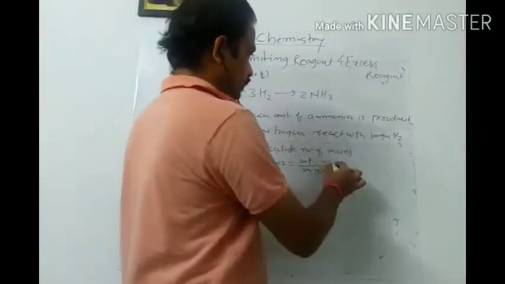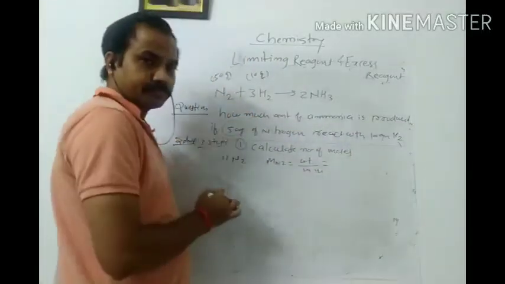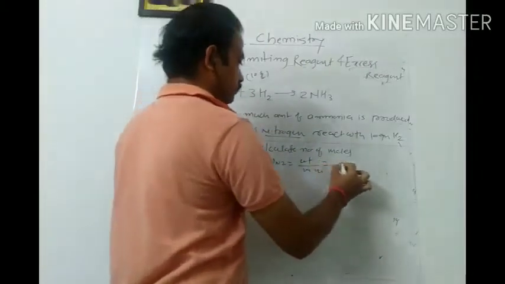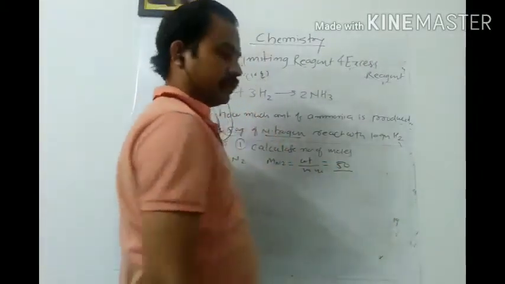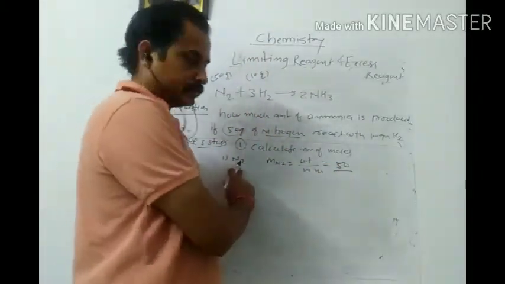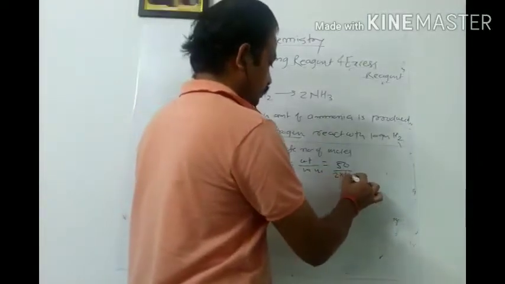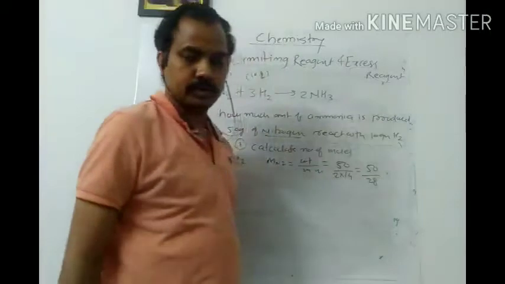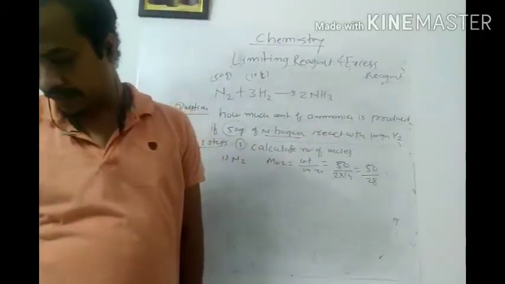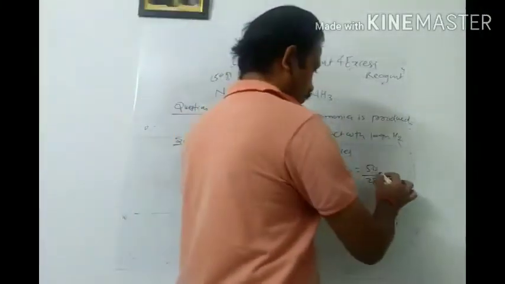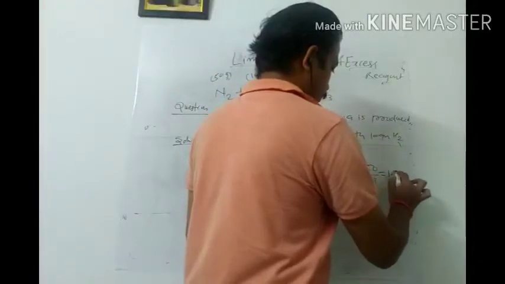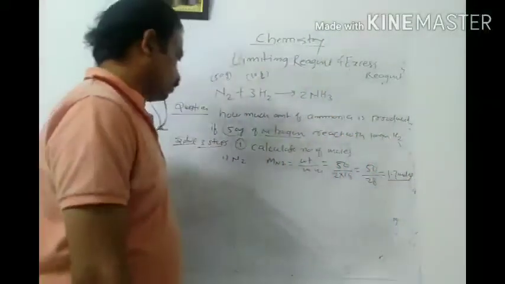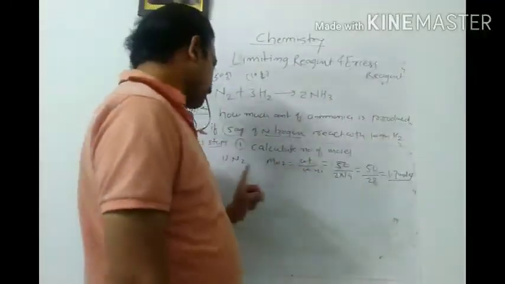The weight of nitrogen is given as 50 gram, so it is 50. For molecular mass, there are 2 atoms, so it becomes 2 into 14, which is 28. So 50 divided by 28, simplified, gives about 1.7 moles. That means 1.7 moles of nitrogen is there.